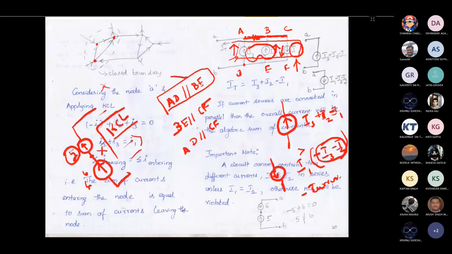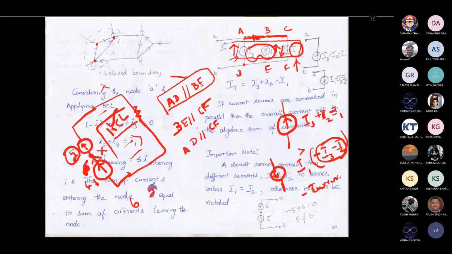So why am I choosing like that? If I consider it like that, you can see that KCL will not be violated. If 5 ampere is flowing through this path, then at this node, where you have a resistor here, initially we have 6 ampere here and 5 ampere here. If you apply KCL at this node, it will violate KCL because the incoming current is 6 ampere, whereas the outgoing current is 5 ampere.